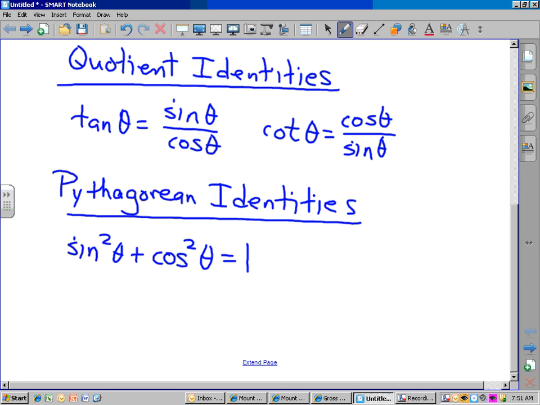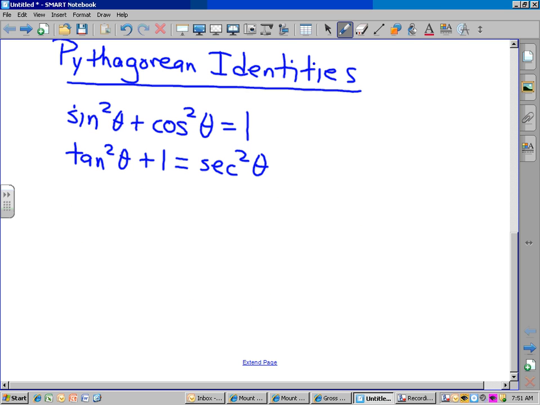That's sine of theta times sine of theta. It'd be sine squared of theta. Okay, just like if I had 3x times 3x would be 3x quantity squared, right? So we got sine squared plus cosine squared equals 1. That's an identity. Tan squared of theta plus 1 equals secant squared of theta. And 1 plus cotangent squared equals cosecant squared.